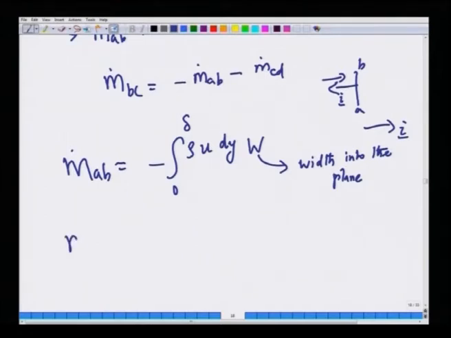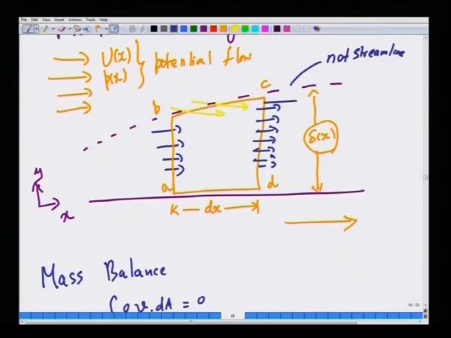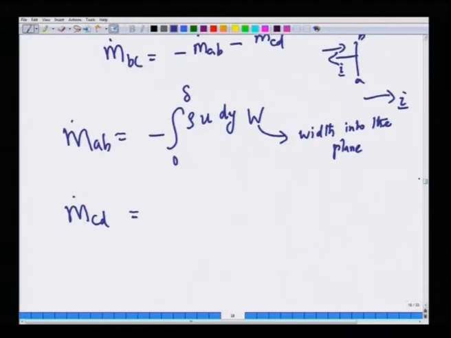Now, m dot of CD is nothing but, okay. So, here for CD the direction of flow and the direction of unit normal are both positive. So, I can write this as W integral 0 to delta rho u dy evaluated at x plus delta x, because this is no longer the value at x.